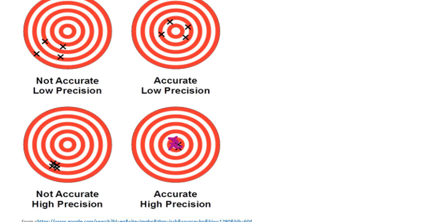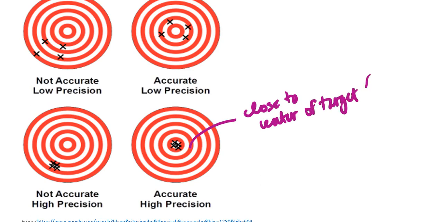Notice that each arrow is close to the center of the target. That represents accuracy. If I'm close to that value that I was trying to hit, then that's accuracy.